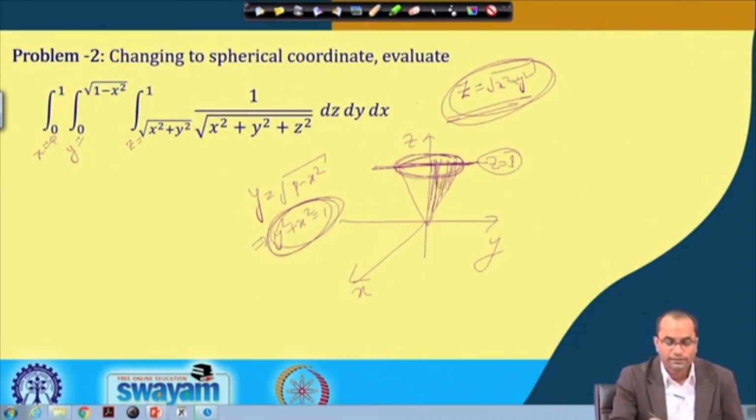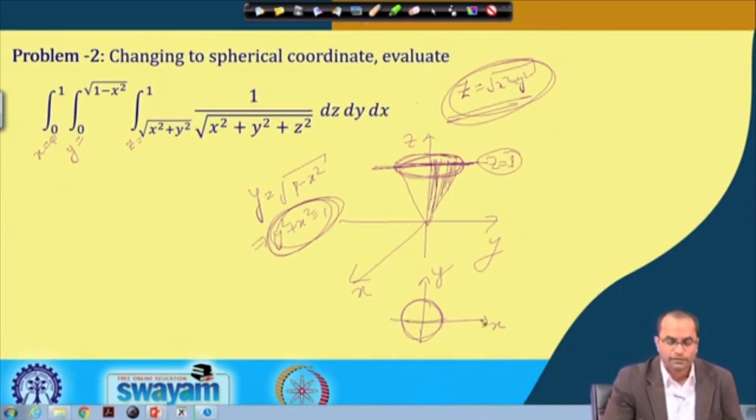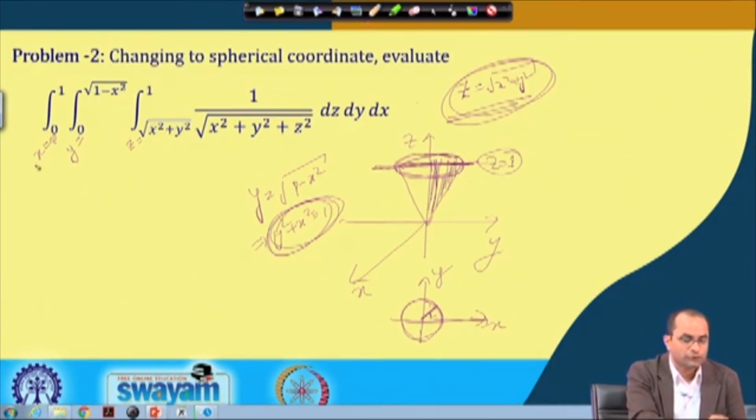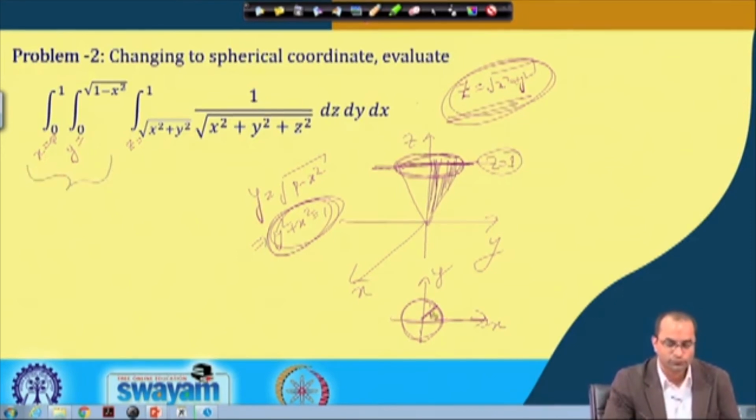The projection of this cone in the xy plane: here we have x and y. If we project this cone, we will get a circle in the xy plane whose radius is 1. So, the two outermost limits suggest that y is moving from 0 to the circle, and x from 0 to 1.